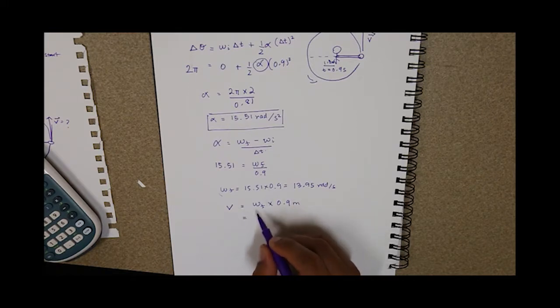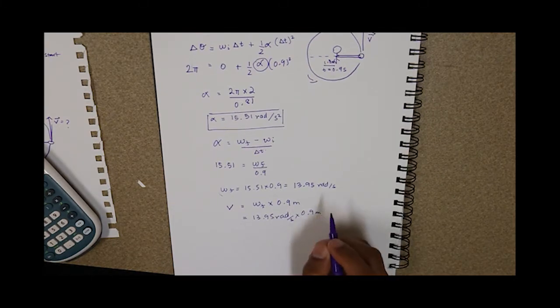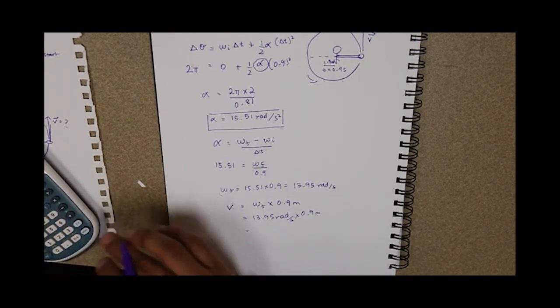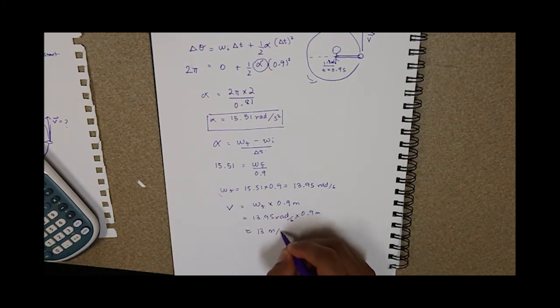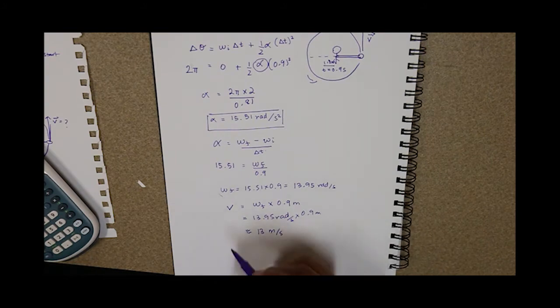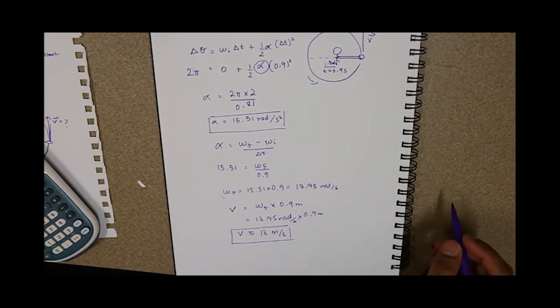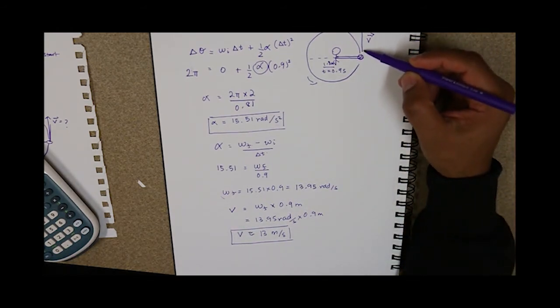So we end up with 13.95 radians per second times 0.9 meters. So we end up with a value of 12.56, approximately 13 meters per second. And that's our velocity, or our speed of the discus at release.